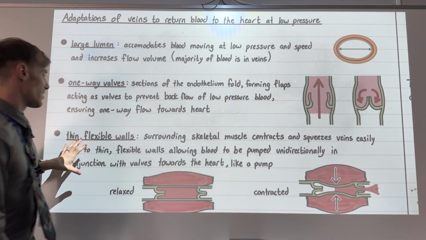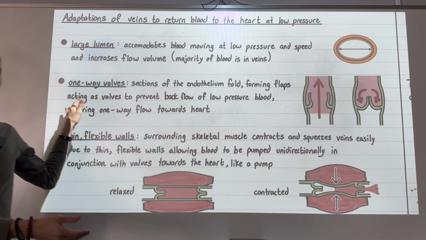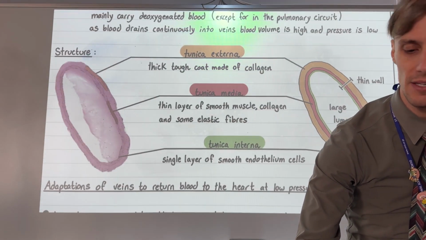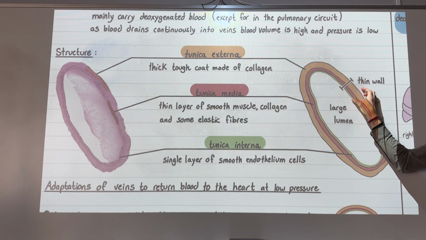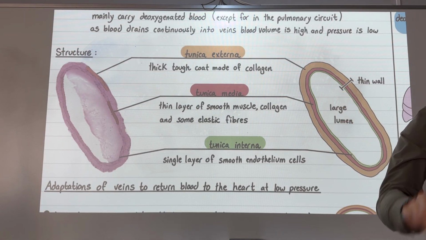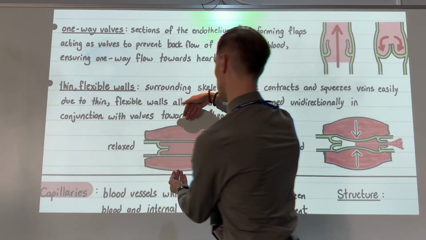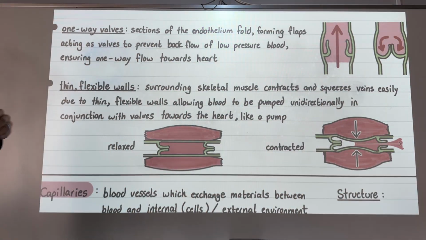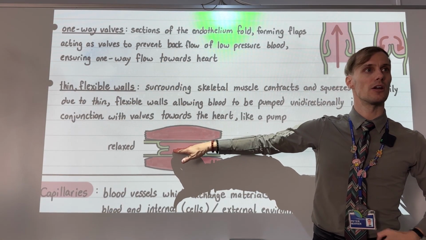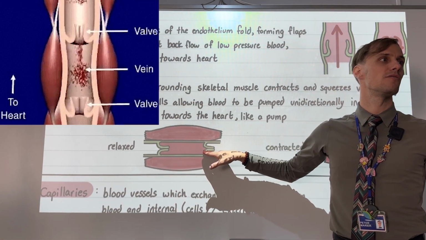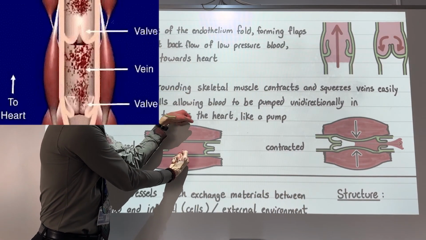Now, this last part works in conjunction with the valves. Notice that when we looked at veins, their walls are relatively very, very thin. This is actually advantageous because your veins are surrounded by skeletal muscle. Let's imagine I have blood right here in between two valves. I can contract these skeletal muscles.